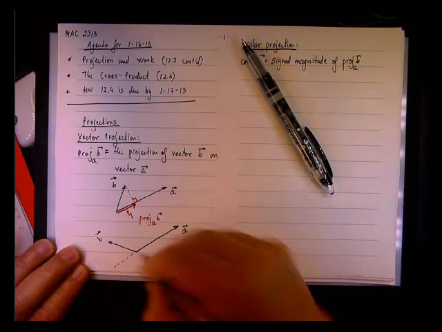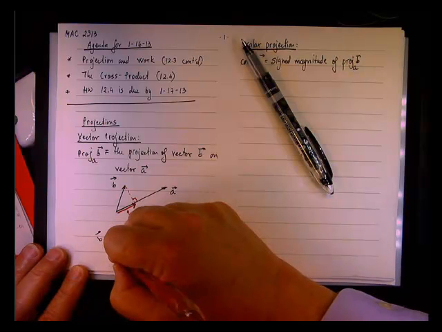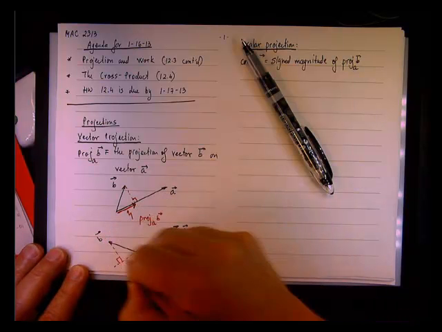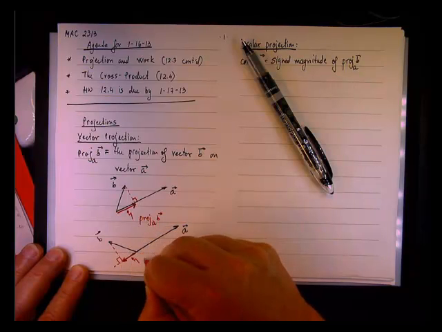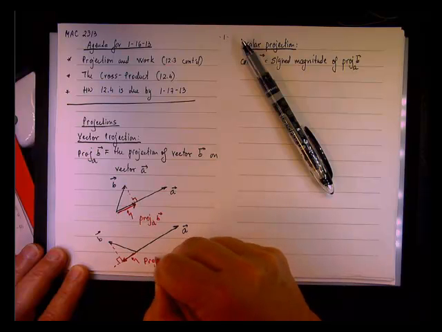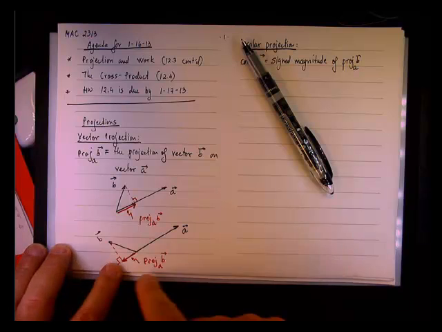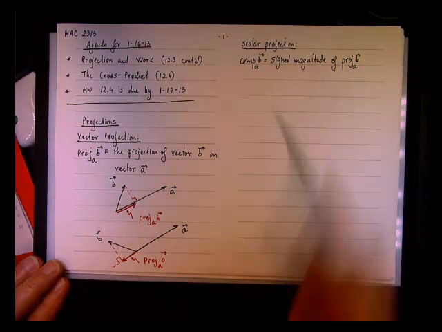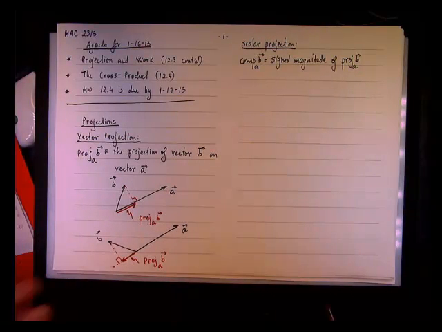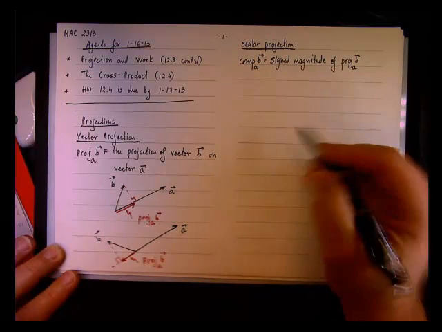Then the projection of B on A will be on an extension of A in the opposite direction. So this part will be the projection of B on A, but you can see that the direction is the opposite. So in this case we will give the magnitude a negative sign.